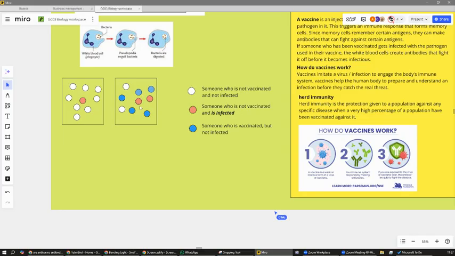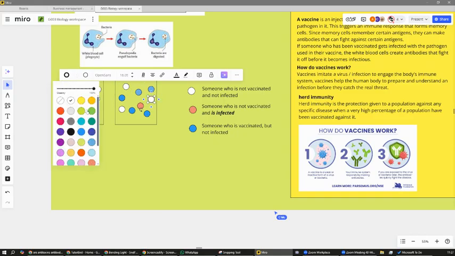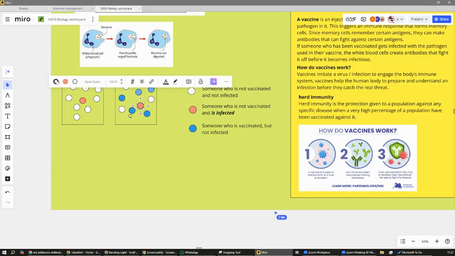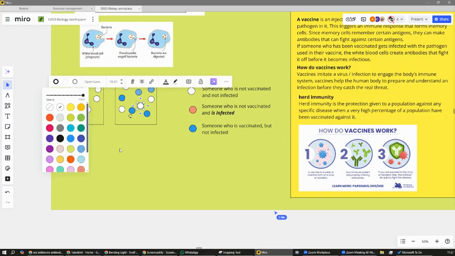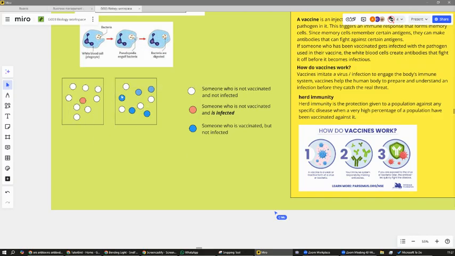Okay, and in fact, eventually, if these two people were to recover, let's say this represents the population of the entire world, if these two people were to recover before spreading it to anybody else, now that disease, that pathogen, will die out. It no longer exists.